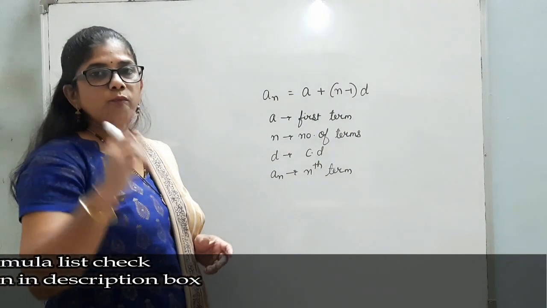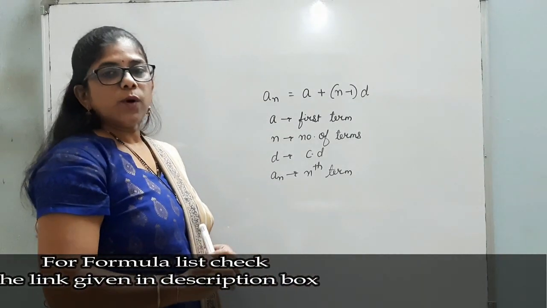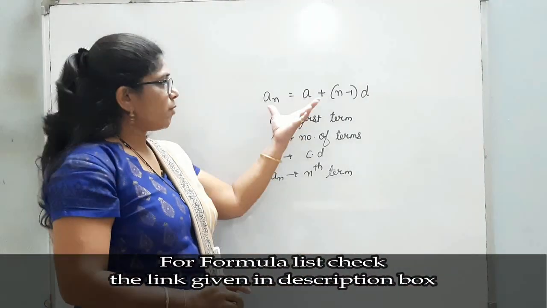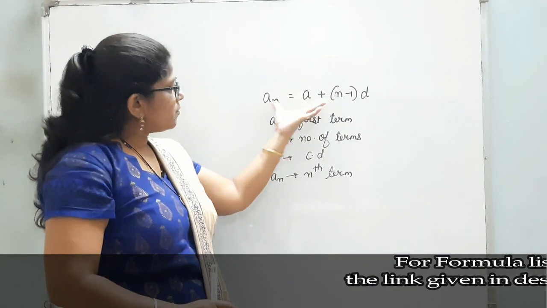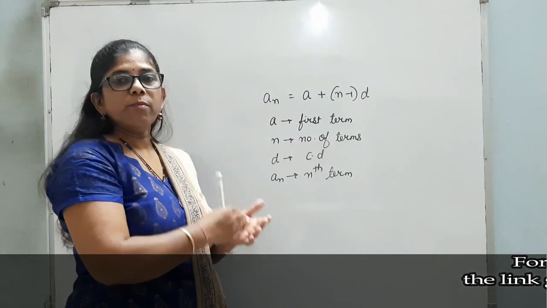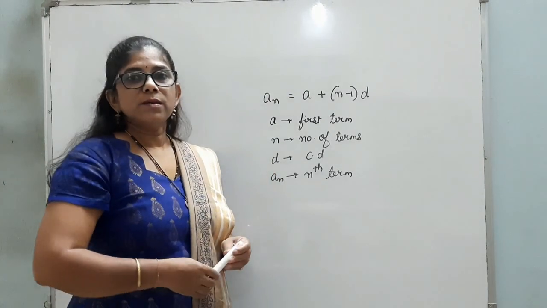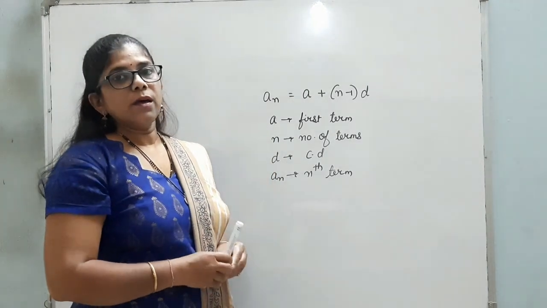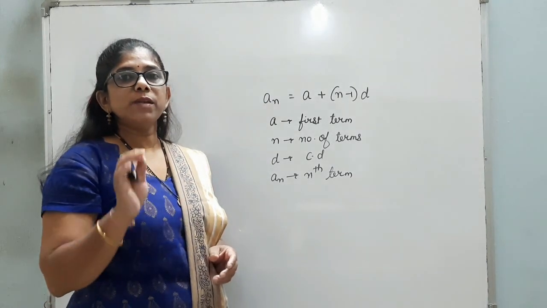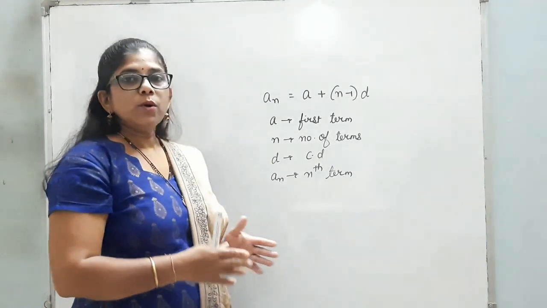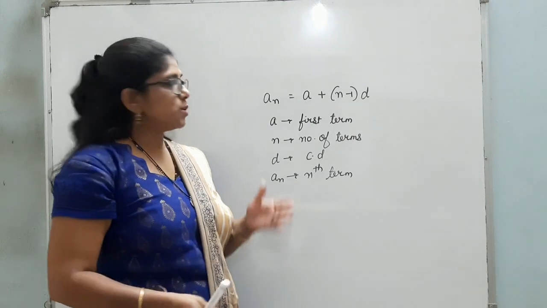That means the value of one term we will have to find. So what is the simple thing what you have to do? Write the formula properly. Below that, write the given values properly and solve by using the simple rules of solving simple equations. If possible, in my coming videos, I will explain you how to solve these simple equations, which will help you to solve many simple sums in your mathematics.